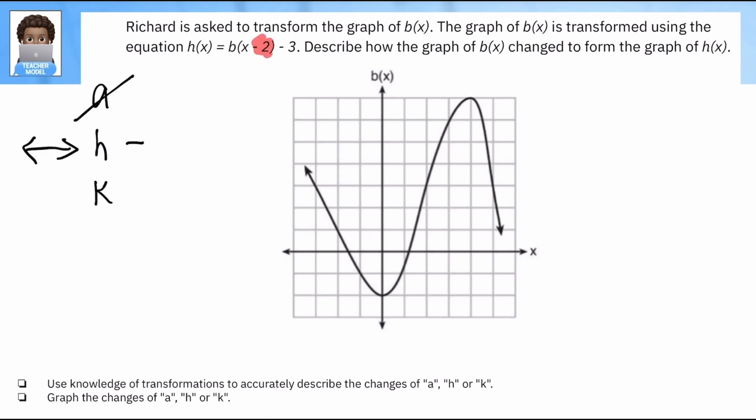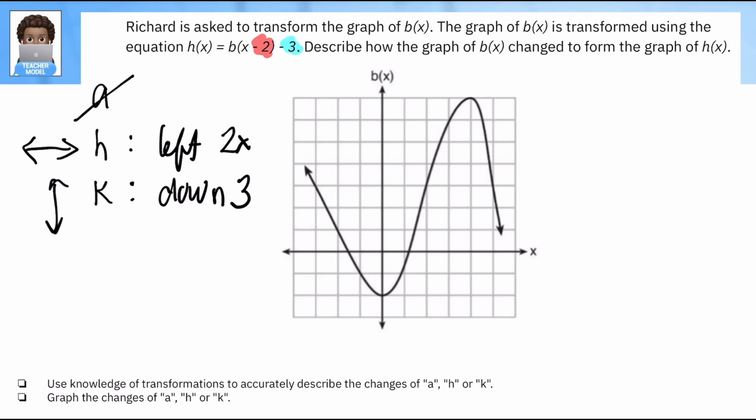Since it's negative, we're going to go to the left 2 times. That's a little confusing. I drew that arrow in that direction, so let me get rid of that. And our vertical shift is a negative 3, so we're going to go down 3. And that's all you really needed to answer this question. You just had to say your graph would shift to the left twice and down 3. So that would be it.